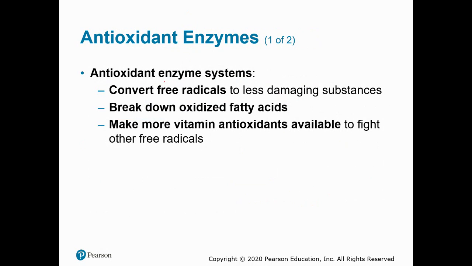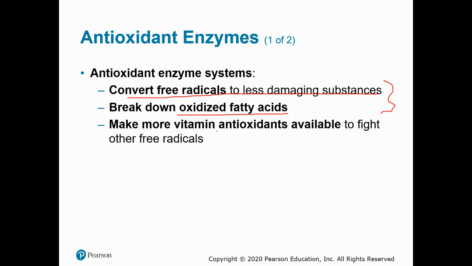So how do antioxidant enzyme systems work? Right, so they convert the free radical to a less damaging substance. They can even break down the fatty acids, like the fatty acids in the low-density lipoprotein or the fatty acids in the phospholipid that have been damaged. And then again, help to remove these from the body.